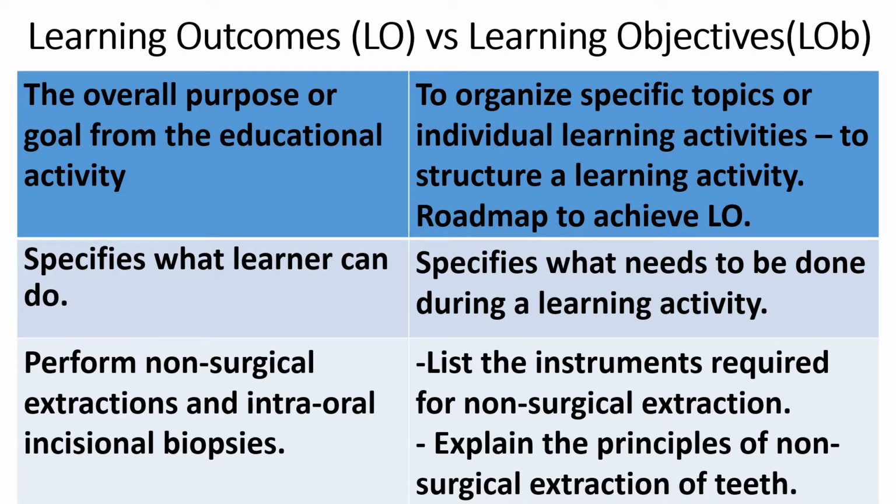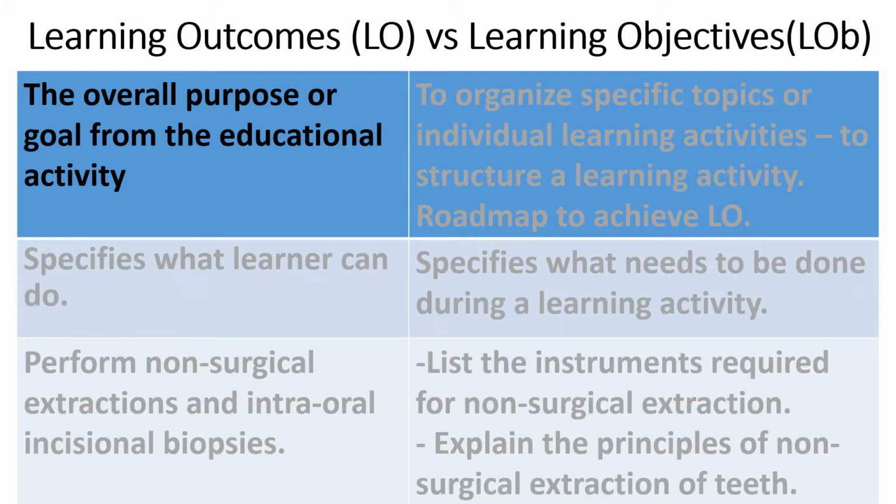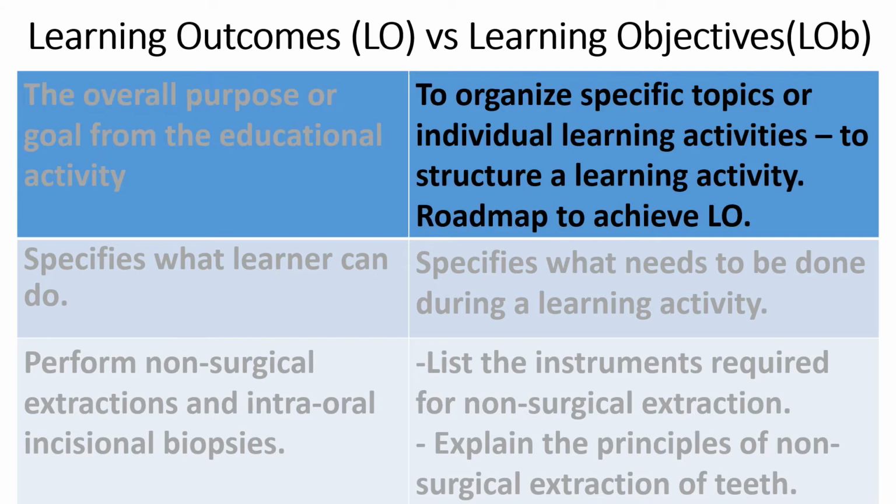Let's find the difference between learning outcomes and learning objectives. A learning outcome describes the overall purpose or goal from participation in an educational activity, whereas learning objectives are used to organize specific topics or individual learning activities to achieve the overall learning outcome.